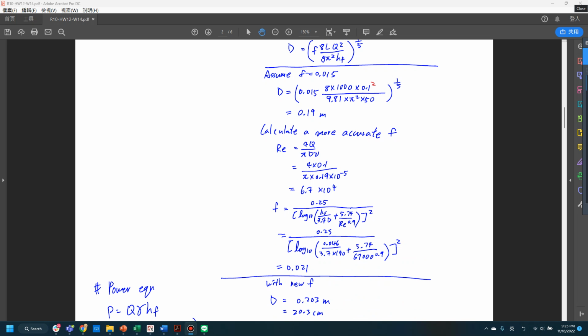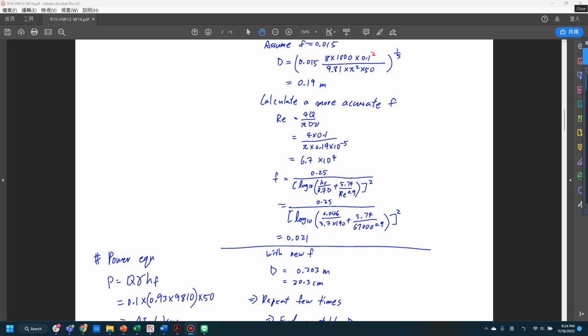To do that, you can calculate the Reynolds number using this equation, and all the information you already know: Q, pi, diameter, and this viscosity. Diameter is the one that we just solved, which is equal to 0.19. In this case, the Reynolds number will be equal to 6.7 times 10 to the power of 4.